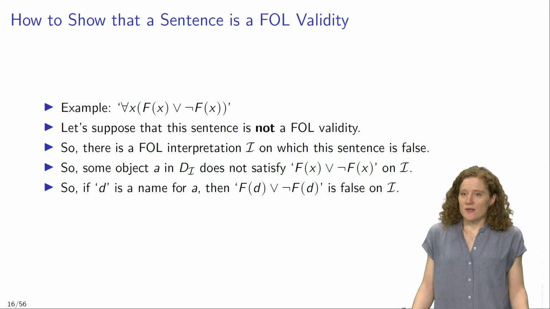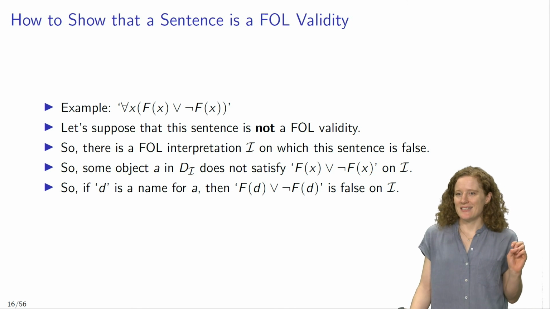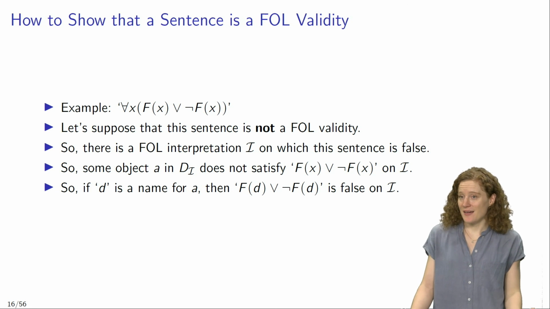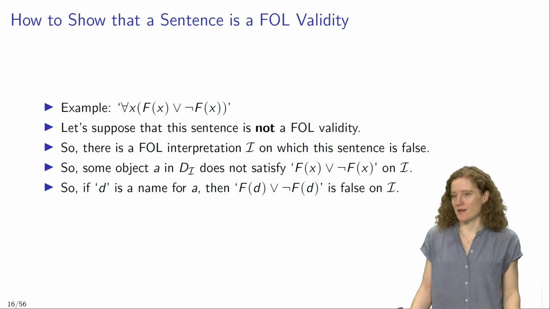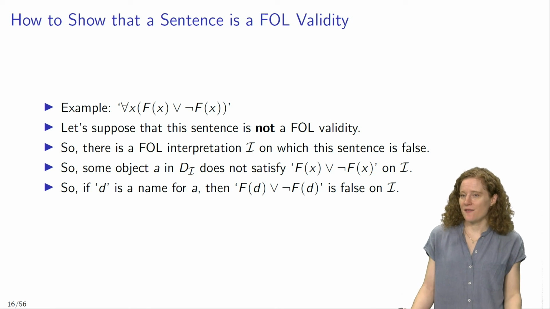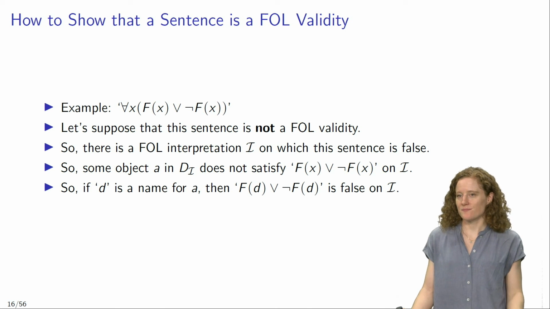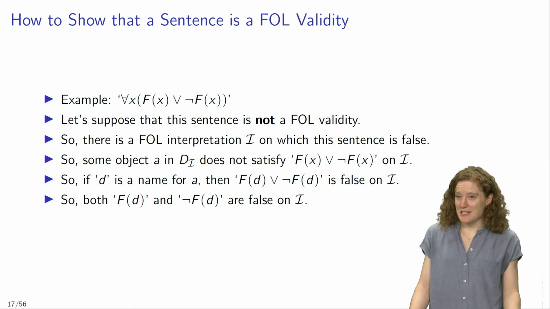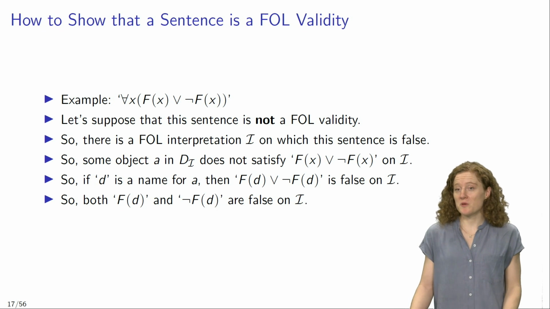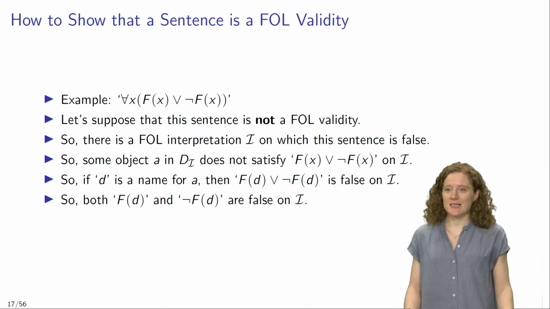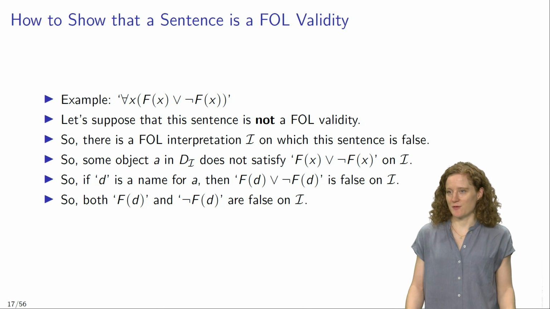Now, if we assume that the letter D is a name for our object A, and if A does not satisfy the open formula Fx or not Fx, then the sentence Fd or not Fd is false on I. Given the truth conditions for disjunctions, that means that both disjuncts must be false on I. So both Fd and not Fd must be false on I.